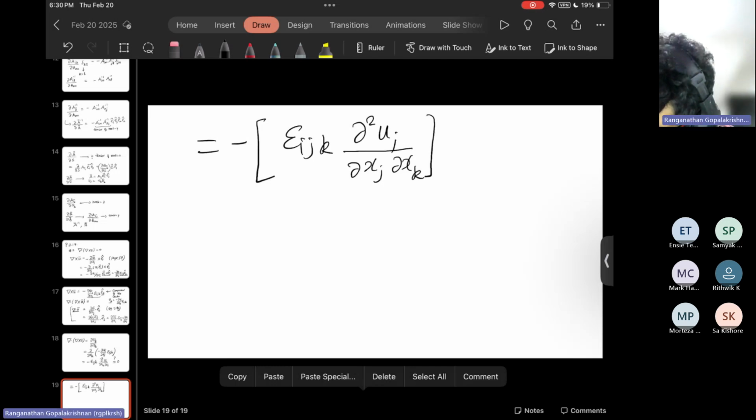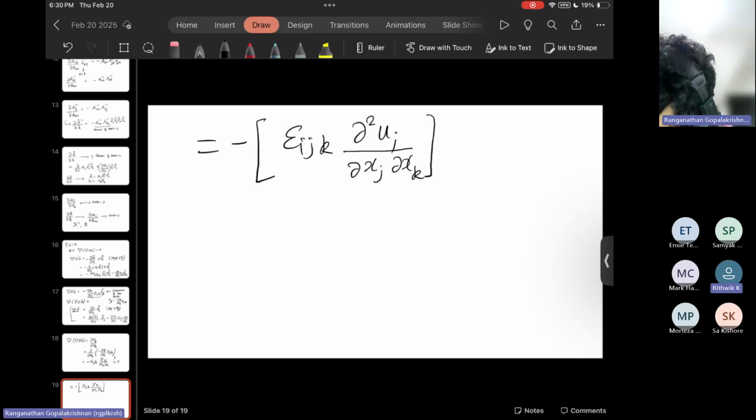So you can say the second derivative of ui with respect to xj and xk is equal to the second derivative of ui with respect to xk and xj. I didn't fully understand what you said, but I'm assuming you're saying something like this.